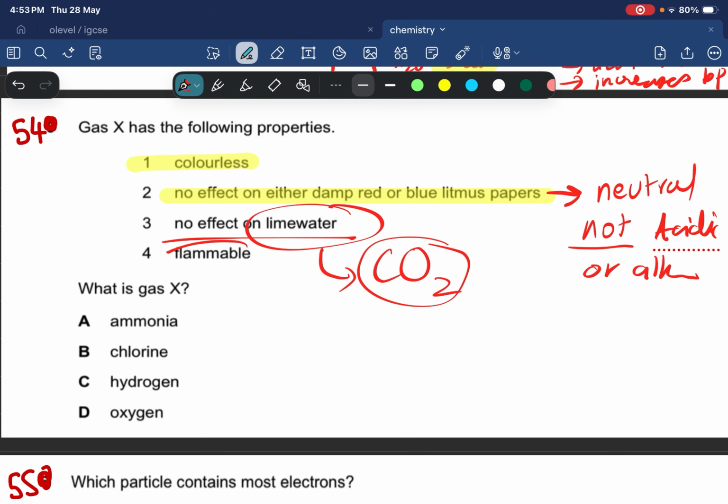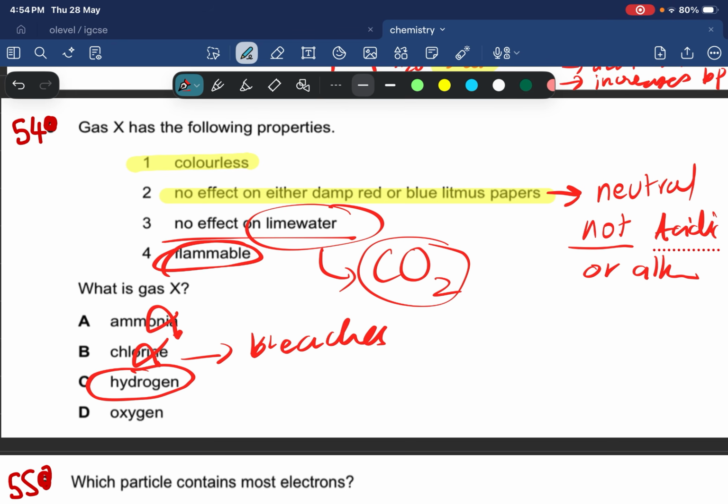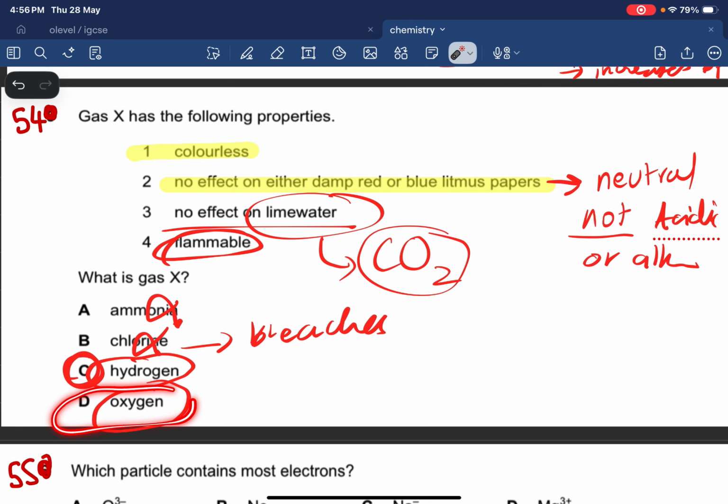Okay, it's flammable. It's a flammable gas. That means it can catch fire. It cannot be ammonia. It cannot be chlorine. Chlorine bleaches the damp litmus paper. Okay, it bleaches it. Now, hydrogen and oxygen. What do you think? Oxygen supports combustion but is not flammable.